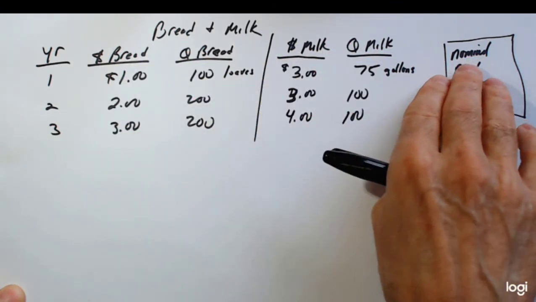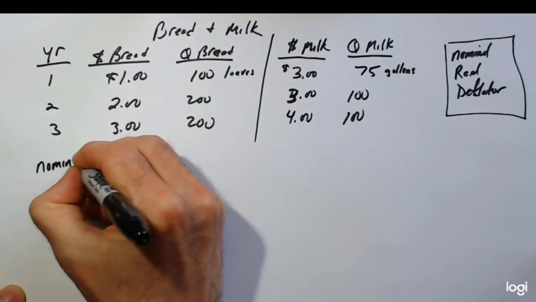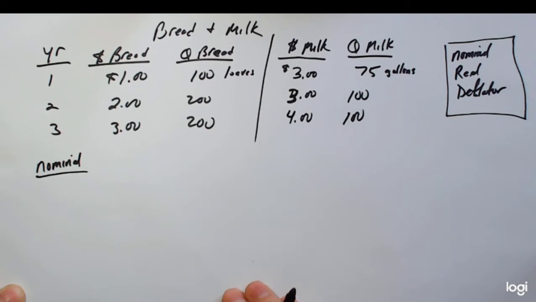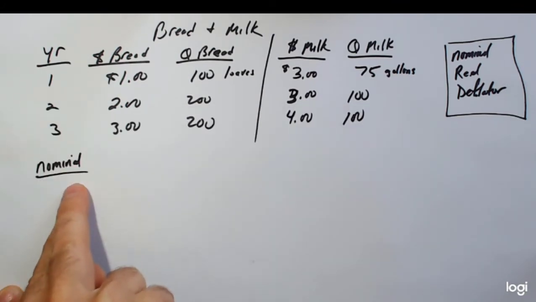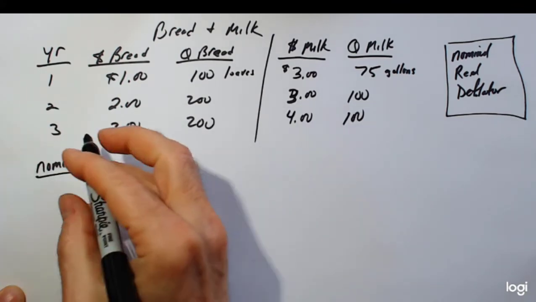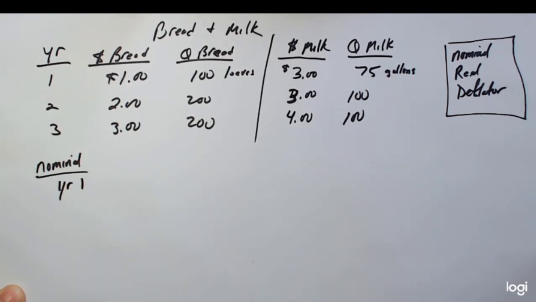And so what we want to do is calculate nominal GDP. So when you hear the word GDP or read the word GDP, and if there's no other adjective associated with it, it's almost always nominal GDP, which means it's in current dollars. So I'm going to calculate nominal GDP in current dollars. So let's calculate it for year 1 in current dollars.